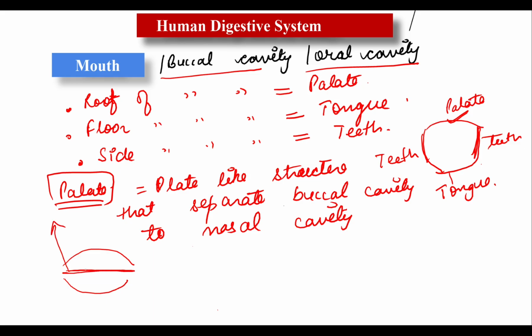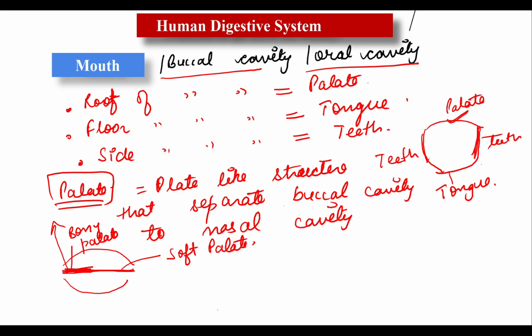Okay, clear? So the anterior part of the palate is so hard. This part is known as the bony palate, while the posterior part of the palate is so soft because there is no bone present. That's why it is known as the soft palate. So this is all about the palate. What are the functions of the palate?